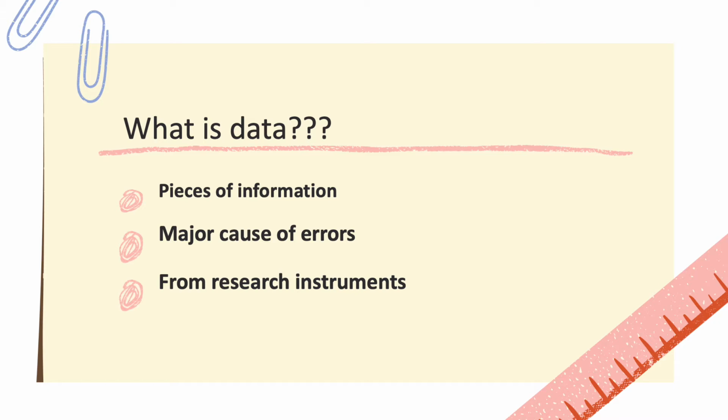This data is obtained from research instruments. In that sense, our research instruments must be validated by professionals in order for us to collect and to generate reliable, accurate data.